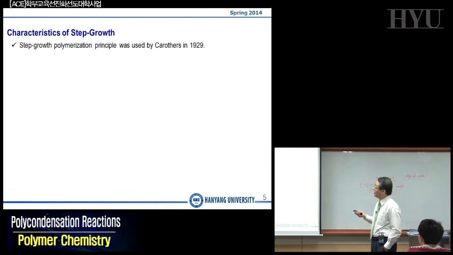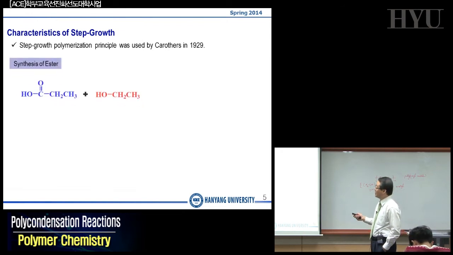He announced that, inspired by Professor Staudinger, who suggested the macromolecular hypothesis back in 1925, he synthesized several polymers using step-growth polymerization reactions.